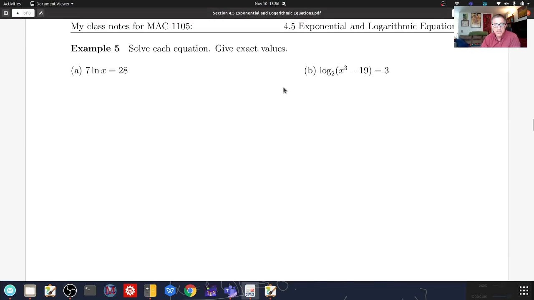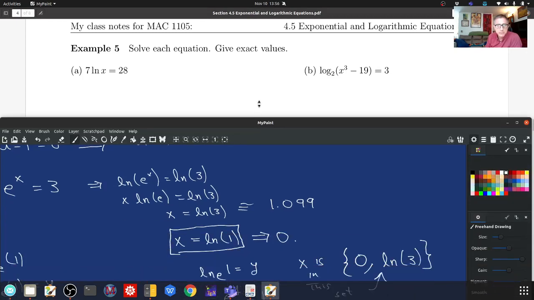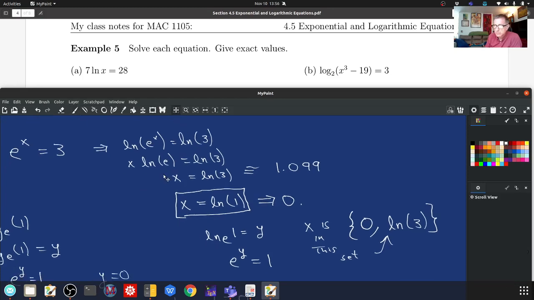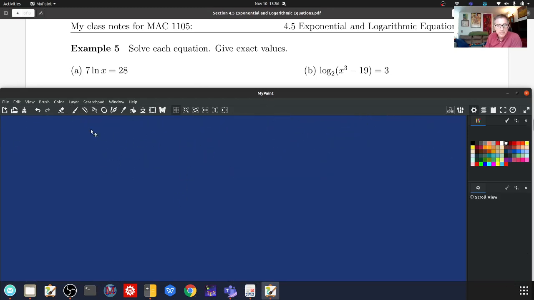Solve each equation. Again, this is kind of weird, because now our unknown is the input of a log. So I have 7 times the natural log of some unknown number x is equal to 28.